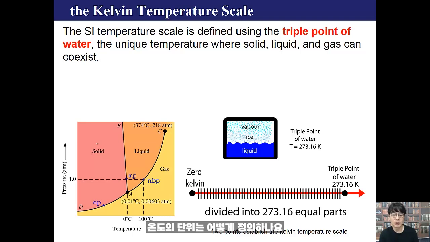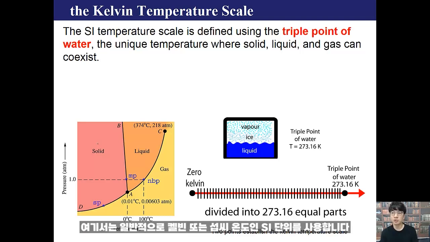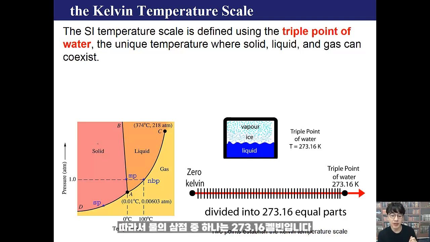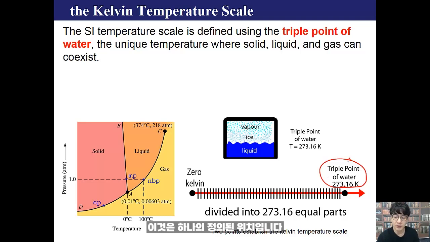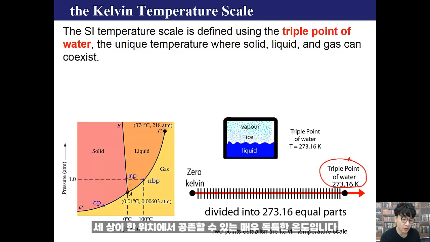How do we define the unit of temperature? Normally we use the SI unit, which is Kelvin, or degrees Celsius. One of the defined points is the triple point of water, which is 273.16 Kelvin. The triple point of water is a very unique temperature where the solid, liquid, and gas phases of water can coexist only at one position.